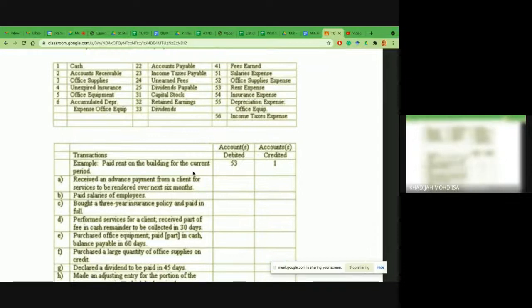But then, note number A, receive an advance payment from a client for services to be rendered over next 6 months. So what will be account affected? You receive payment. So of course, debit your cash. But what are you going to credit?